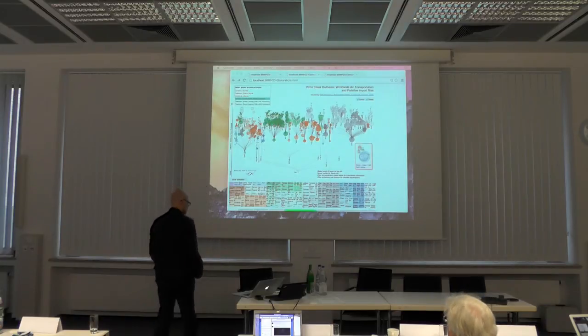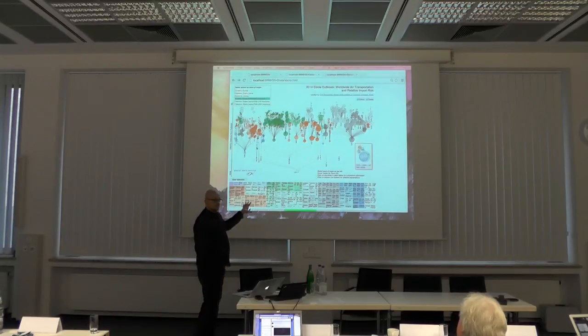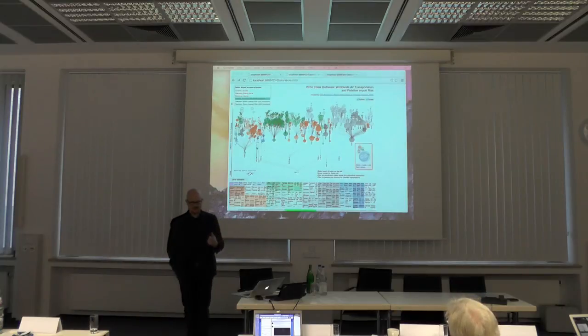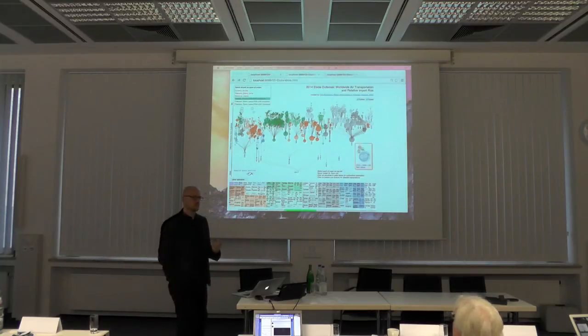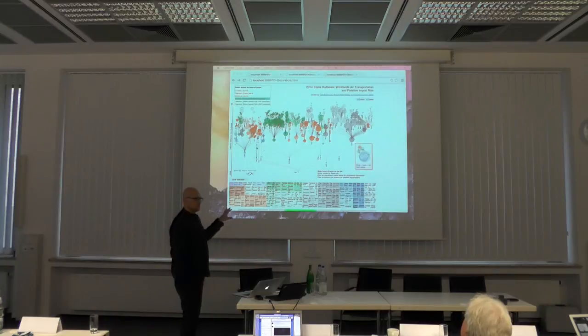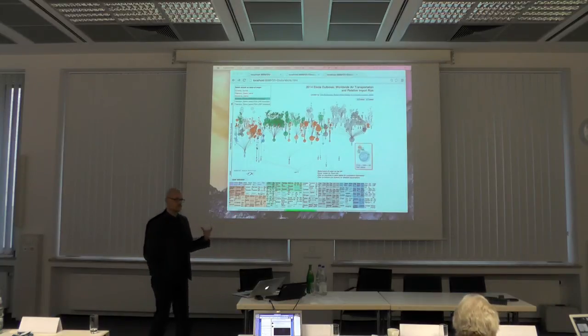Oh, we do. This is just a glimpse of the system. And just to illustrate that with the system, you can immediately see what kind of effect containment measures would have. What I showed you were travel restrictions, just knocking out links.